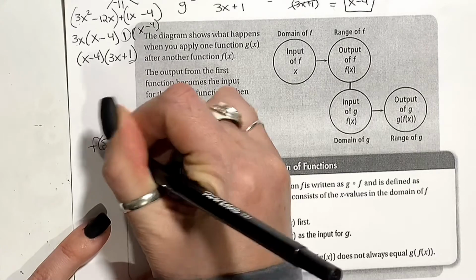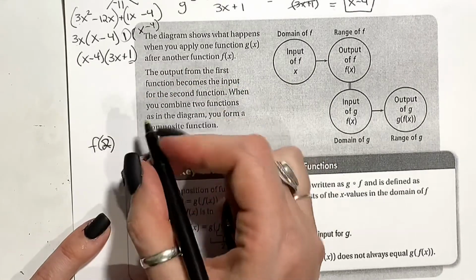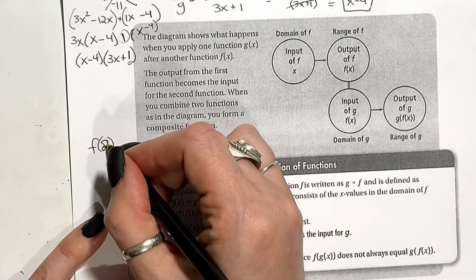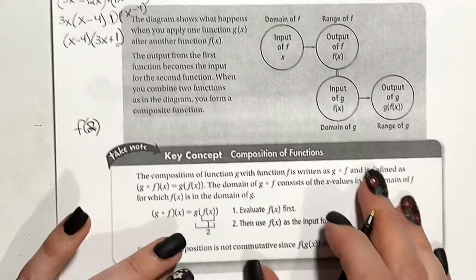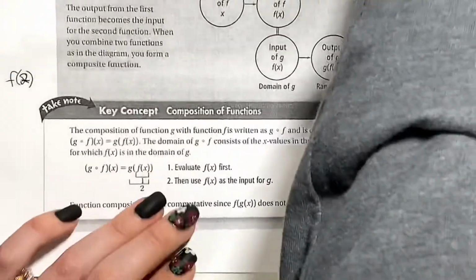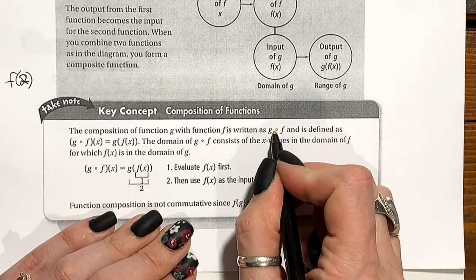So when I, for example, have told you in the past to do like, what is f of 2? That would tell you to take 2 and plug it into f, or in for x. So instead of just plugging a number in this time, though, we're going to take an entire equation. So the notation you need to know for this is, you see this little kind of open circle right here?